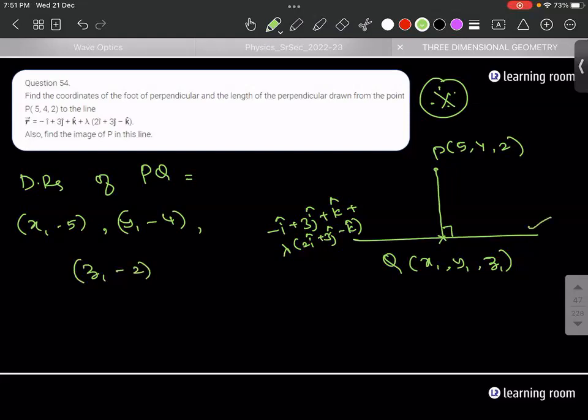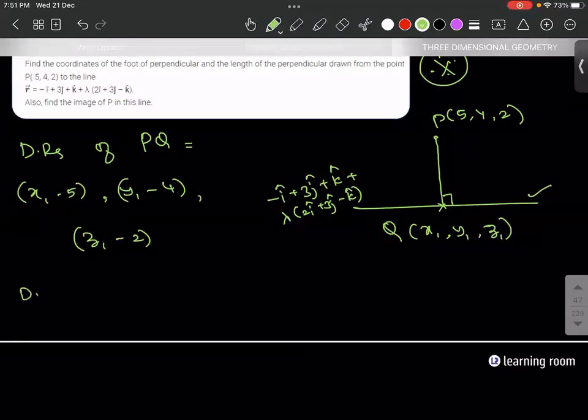What are the direction ratios of the given line? Two, 3, minus 1. Direction ratios of the given line are 2, 3, minus 1.